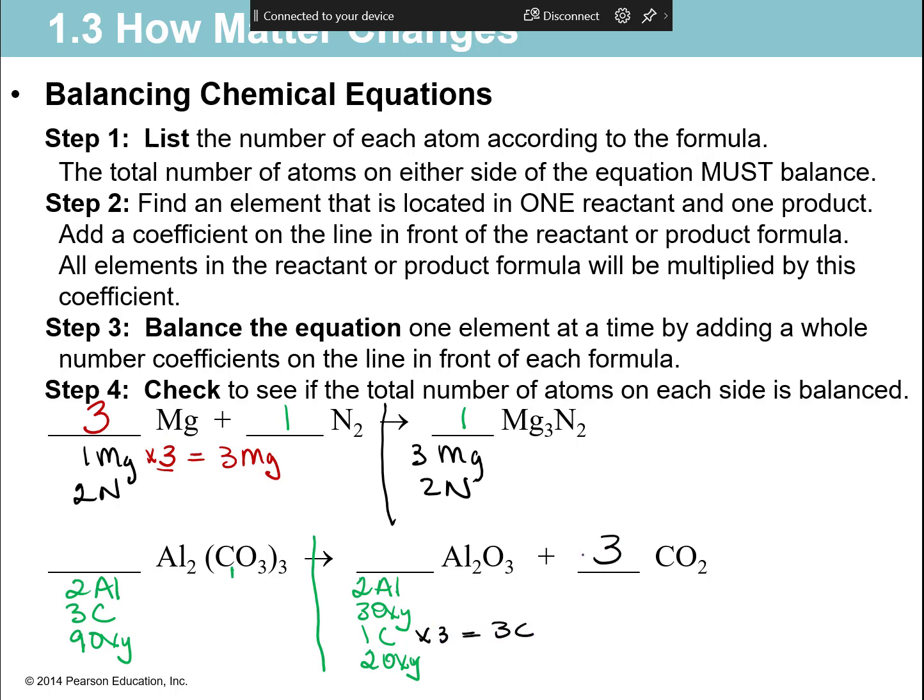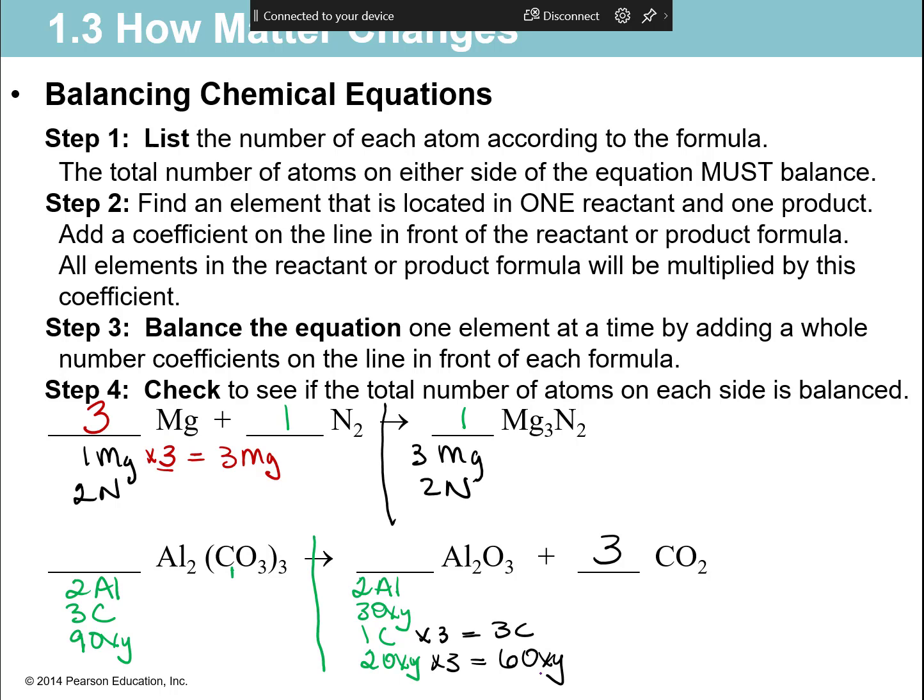But that means this 3 goes on top, right? So what else do I multiply by 3? The 2 oxygens. Not all the oxygens, just the 2 oxygens. So that means this one gets multiplied by 3. That's going to give me 6 oxygen. So I'm only multiplying the oxygen that's part of the CO2.